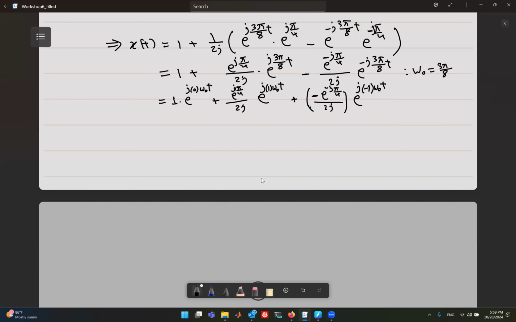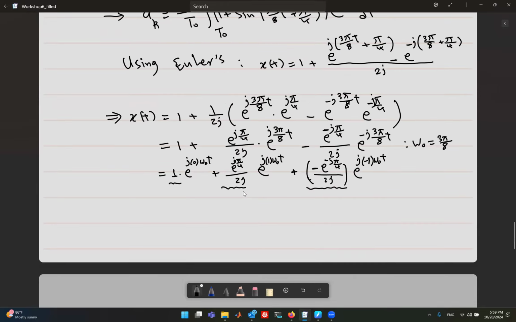And can you see the coefficients now? Those are the coefficients of this signal.